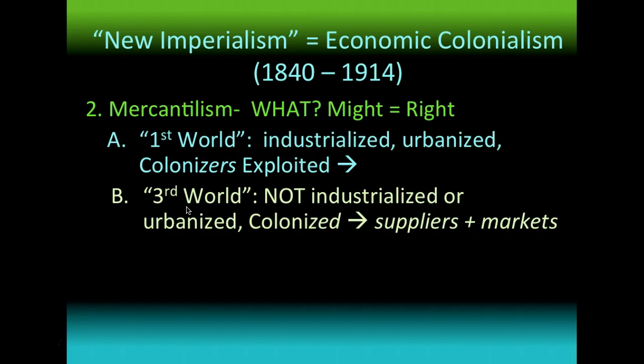But third world nations are not industrialized. They generally have small businesses, smaller farms, more rural. They are not urbanized. They are more farmland type, living in separated places rather than in big cities. And they are the people who are colonized, the territories under the control of the colonizers.